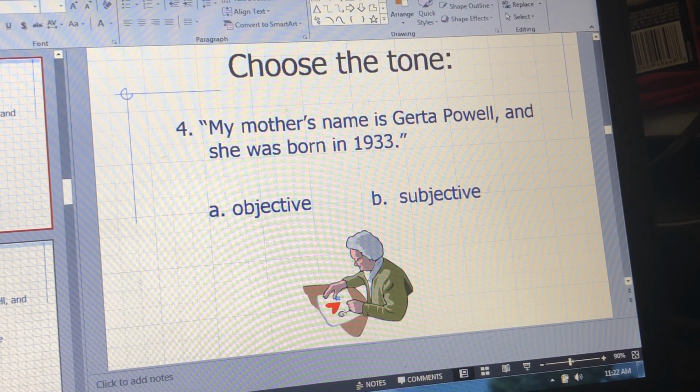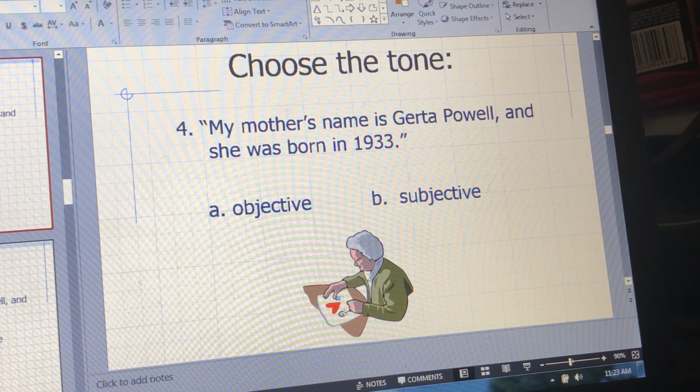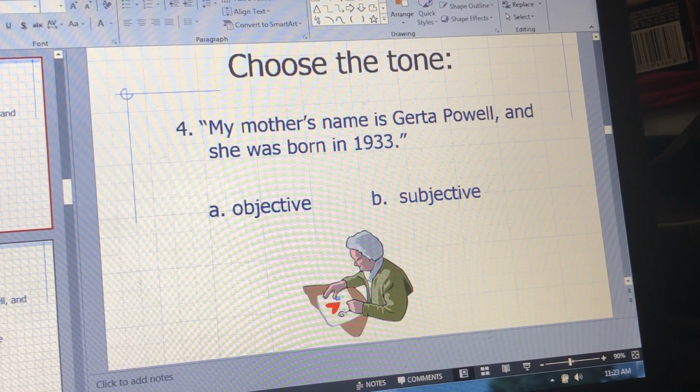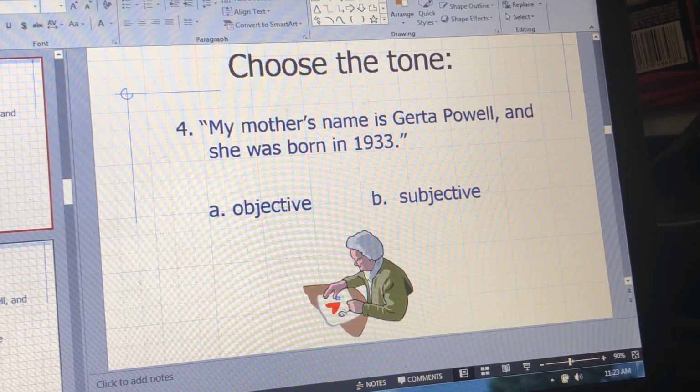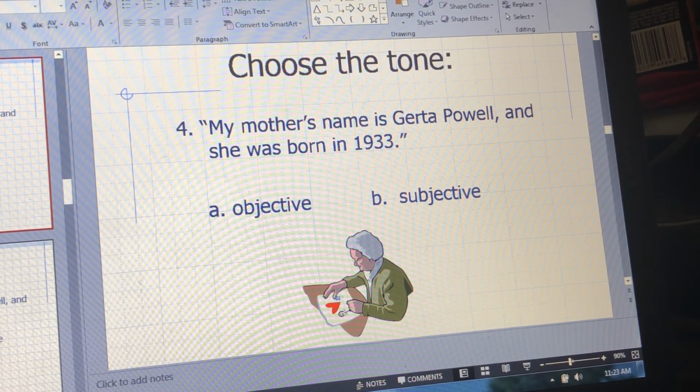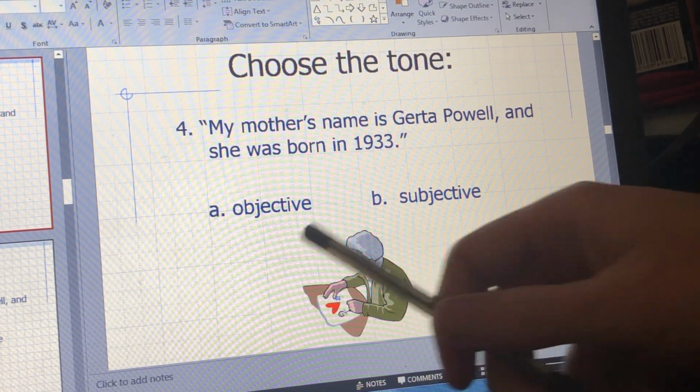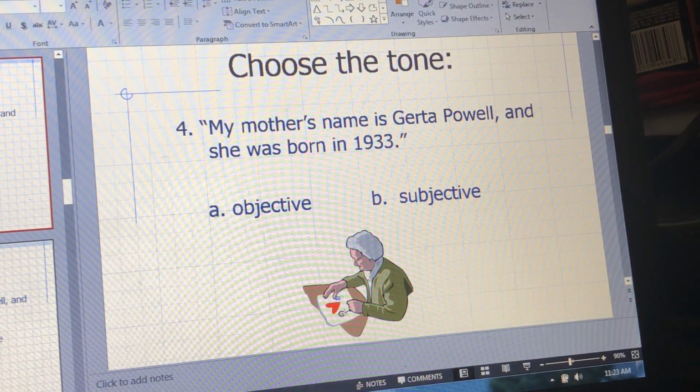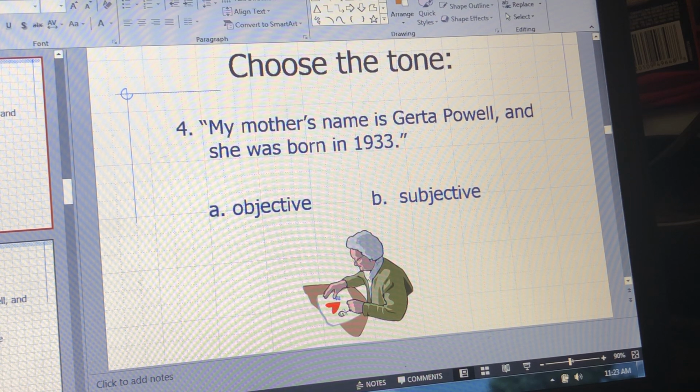If something is subjective, it's told from a very personal point of view. It may sound biased. There may be a lot of emotion in it. If something's objective, you're kind of taking yourself out of the equation. The subject doesn't become important. The object is what is important. So it's a little more distanced. It's a little more formal, perhaps.